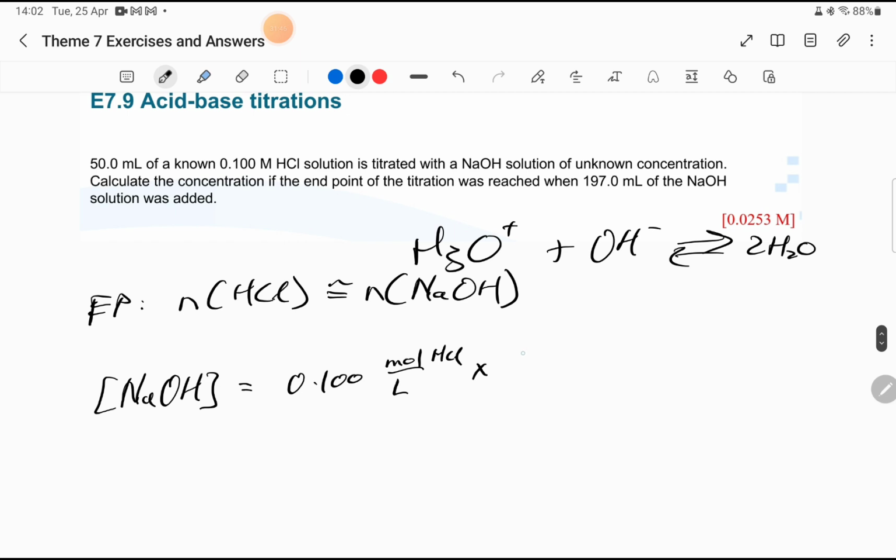So it took us 197.0 milliliters of sodium hydroxide to neutralize 50.0 milliliters of HCl.